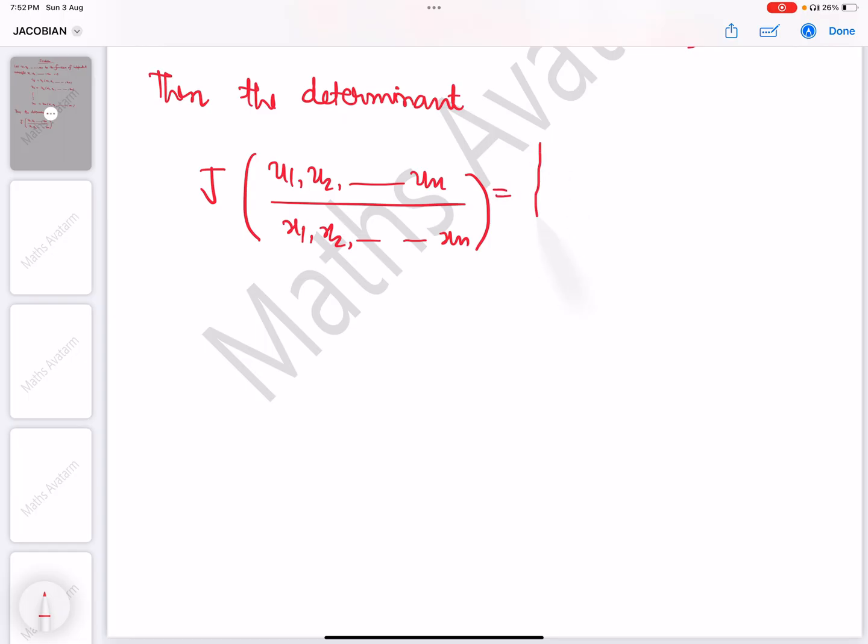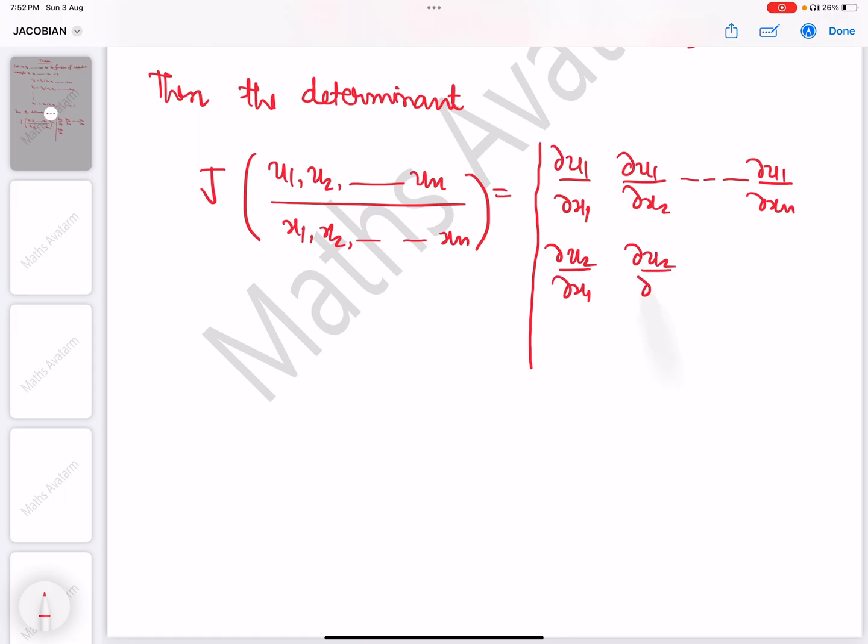That is nothing but the determinant: del u1 del x1, del u1 del x2, and so on up to del u1 del xn; del u2 del x1, del u2 del x2, up to del u2 del xn; and so on, del un del x1, del un del x2, up to del un del xn.